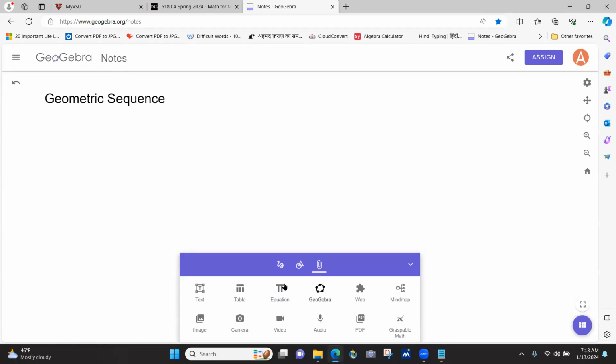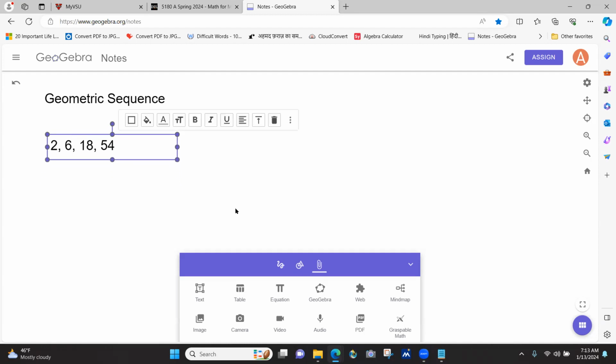What are geometric sequences? So let's see if you can see what's going on. What am I doing? What's going on here? What kind of pattern do you observe?